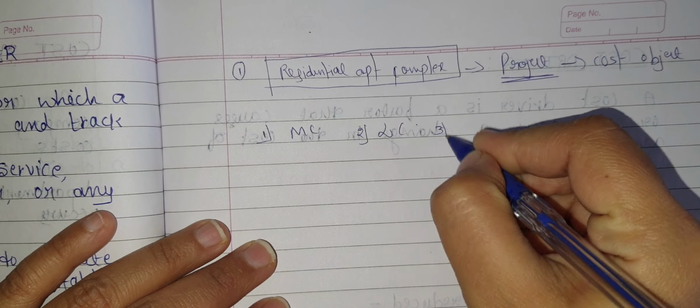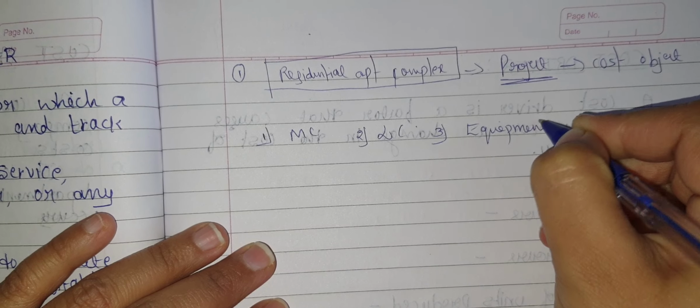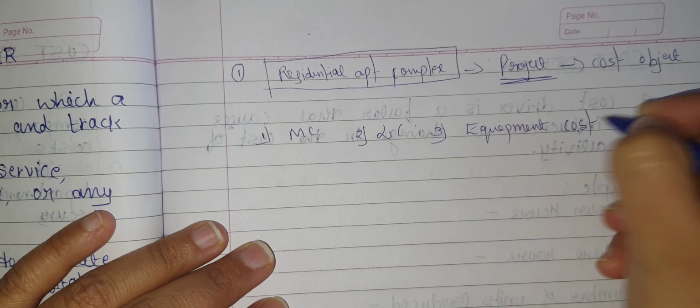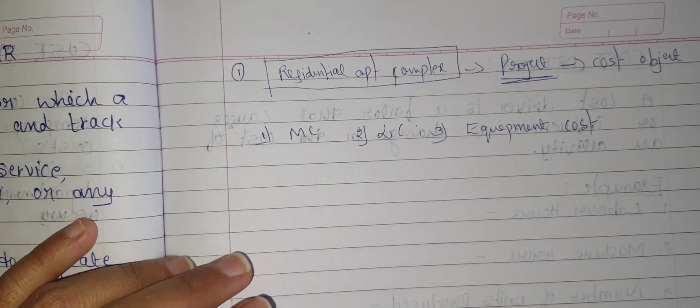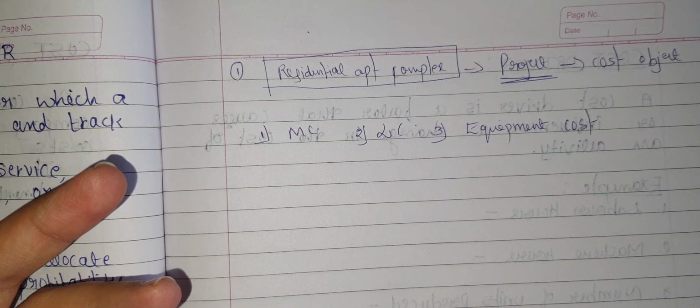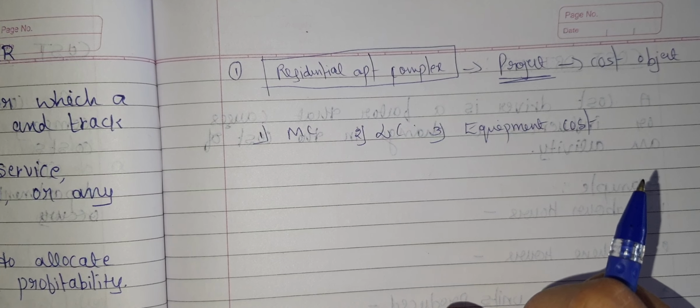Third, equipment cost, which means cranes or bulldozers. These are examples of equipment cost.